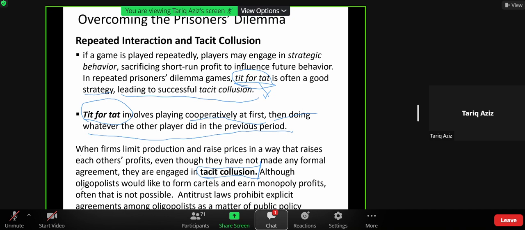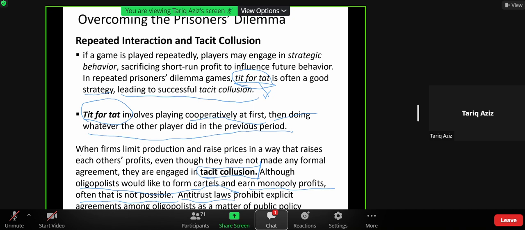Although oligopolists would like to form cartels and earn monopoly profits, often that is not possible because of antitrust laws. For example, in India there is the Competition Commission of India, CCI. CCI monitors the situation regarding competition, regarding tacit collusion among different companies.